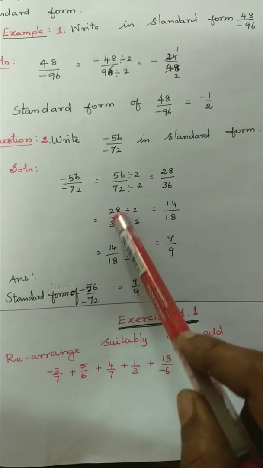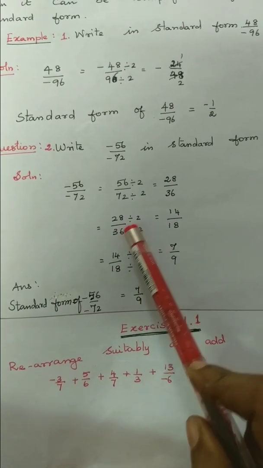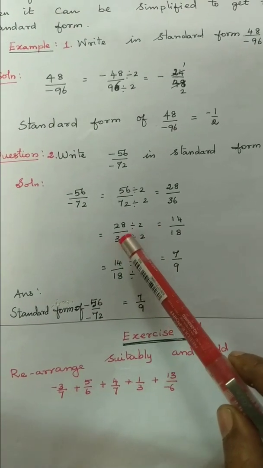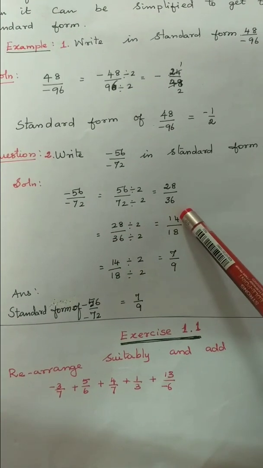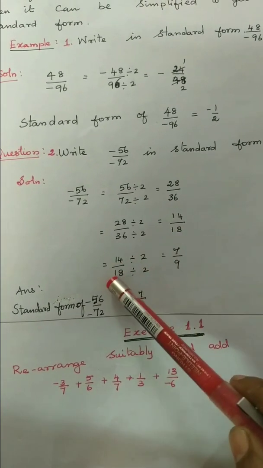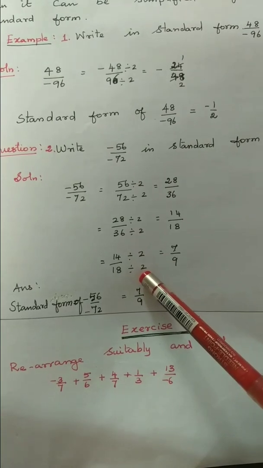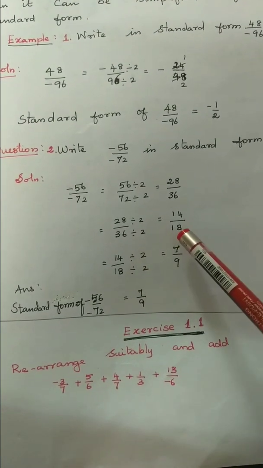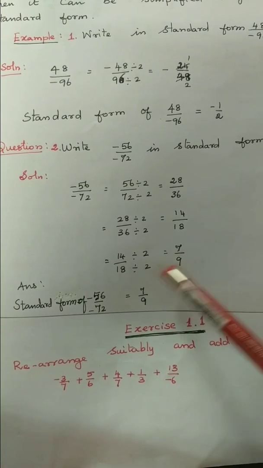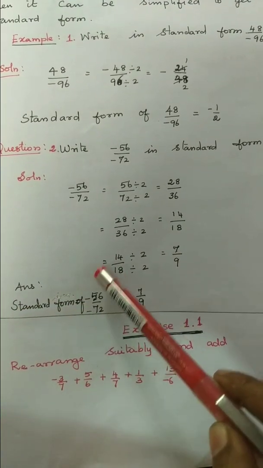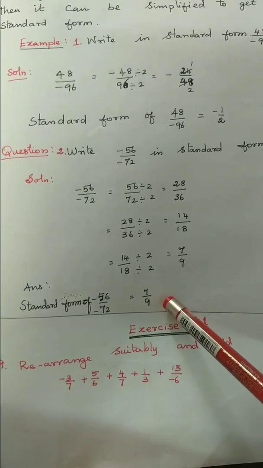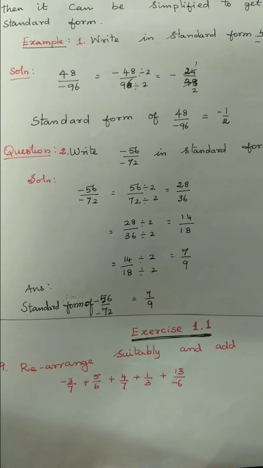Again you can divide these two by 2, because these two numbers are even numbers. Then after dividing, the answer is 14 by 18. Again you can divide by 2. Then it will become 7 by 9. The standard form of minus 56 by minus 72 is 7 by 9. Okay.